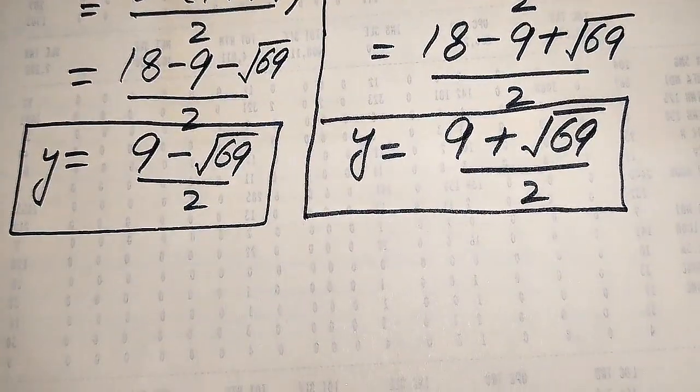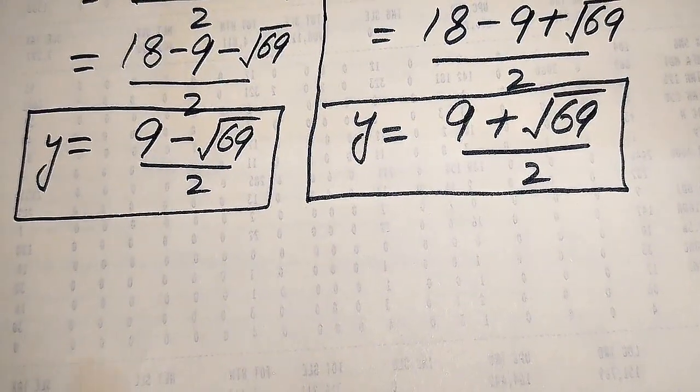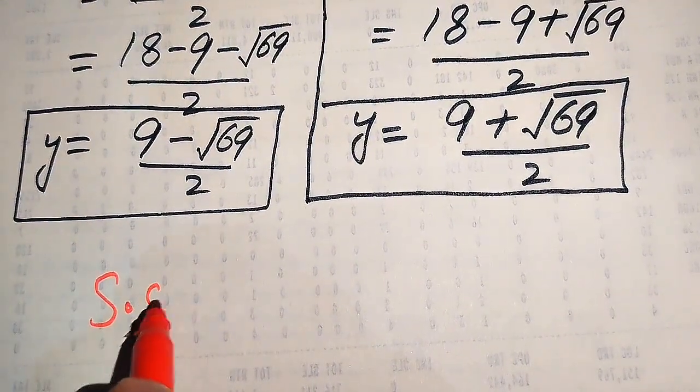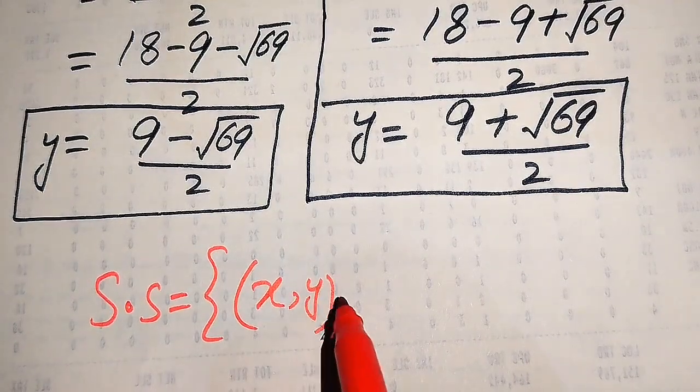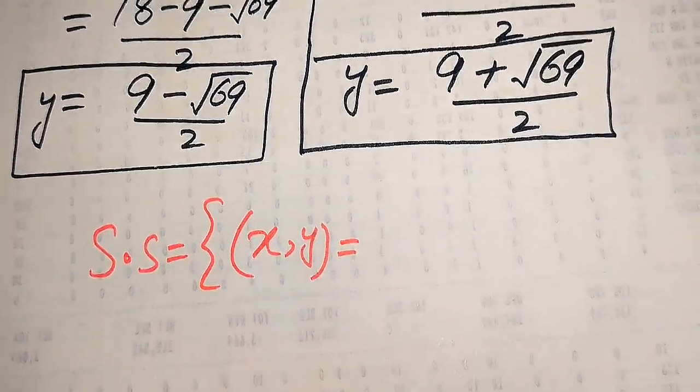So here finally we will write the solution set of the given question: there are 2 solutions of the given equation. Our solution is in the form of an ordered pair x, y.